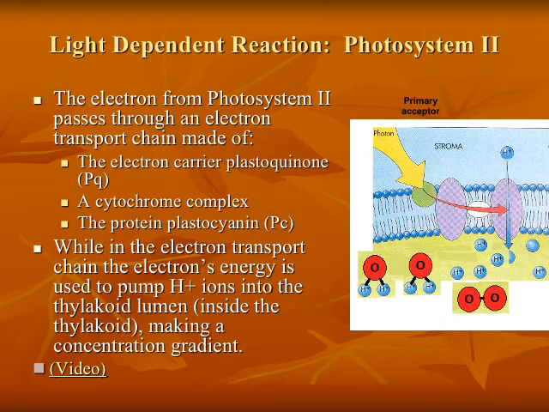While in the electron transport chain, the electron's energy is used to pump hydrogen ions into the thylakoid lumen, that's inside the thylakoid membrane, making a concentration gradient. And you can take a minute and watch this video. It's helpful to keep things figured out.